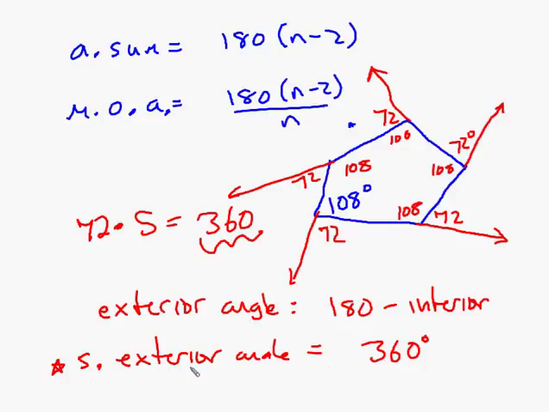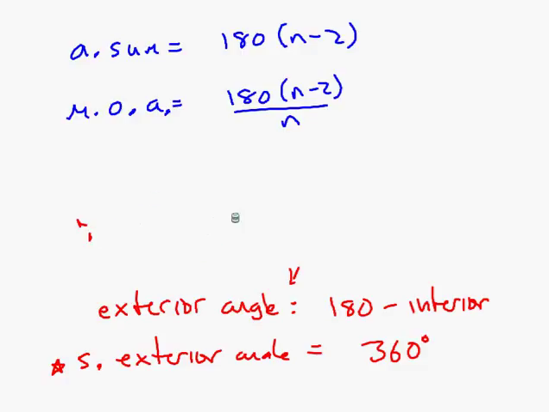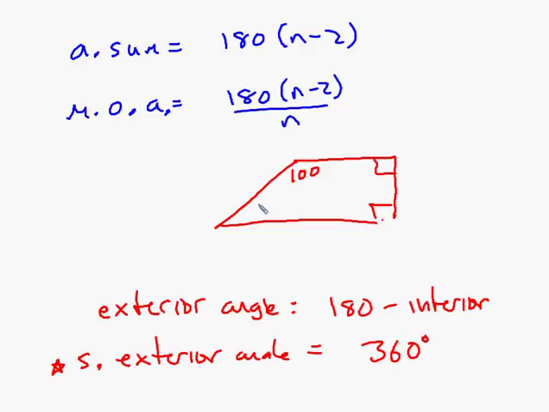So whenever you extend it, will it always be the same number around? Well, it depends. It could be. Just look, this is a trapezoid. This is a right trapezoid. So that's 90. That's 90. Let's say this is 100, and let's say then that this is 80. So then, if I extend these out, this one's 100.